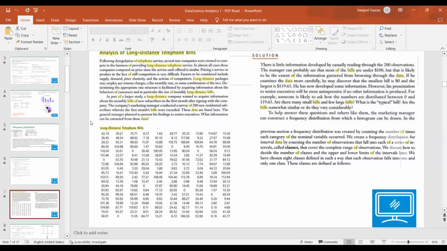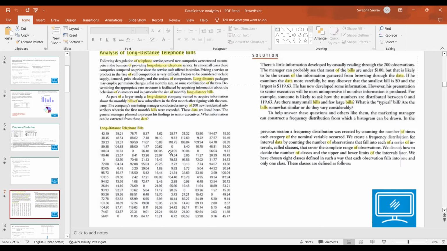So now you have selected 200 customers and you want to look at their billing, long distance or international call billing, and you want to make some decisions on it. So you have this 200 data set, 200 numbers.